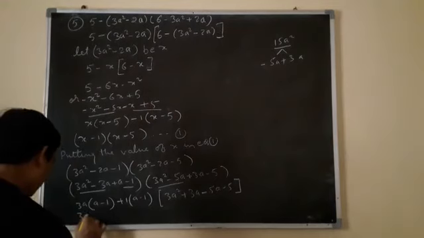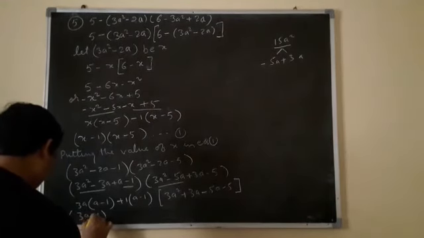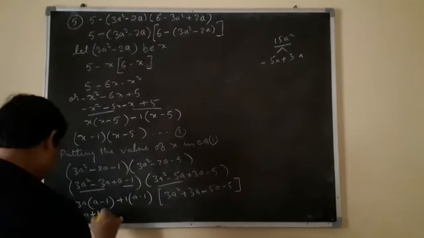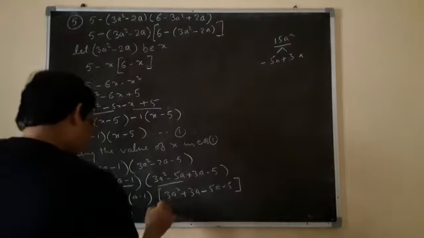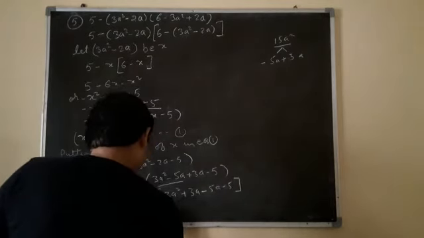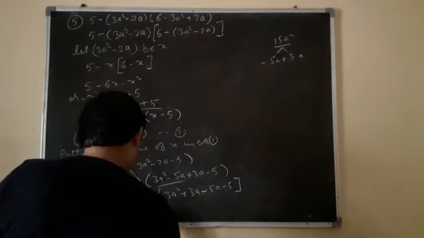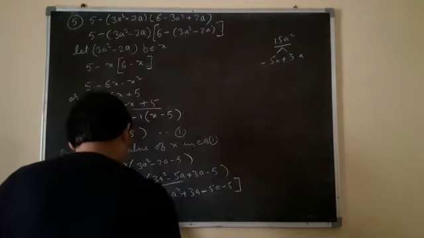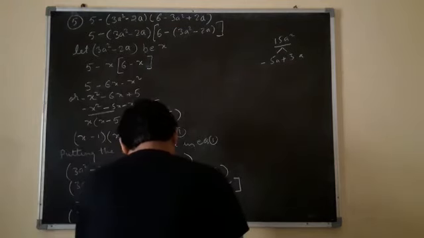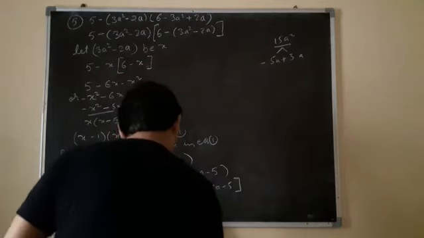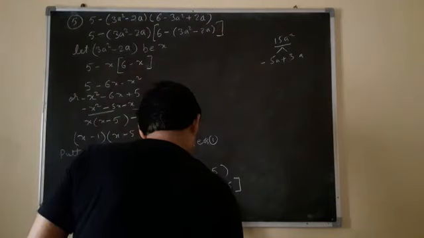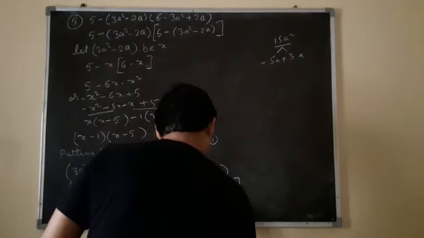Now 3a plus 1 and this side a minus 1, and here 3a, 3 we will take as common, so a plus 1. Minus 5 we will take common, a plus 1.